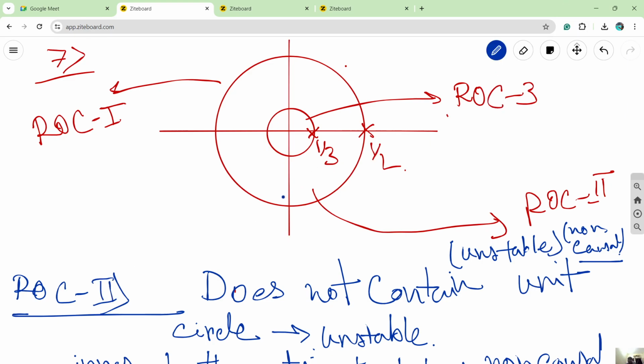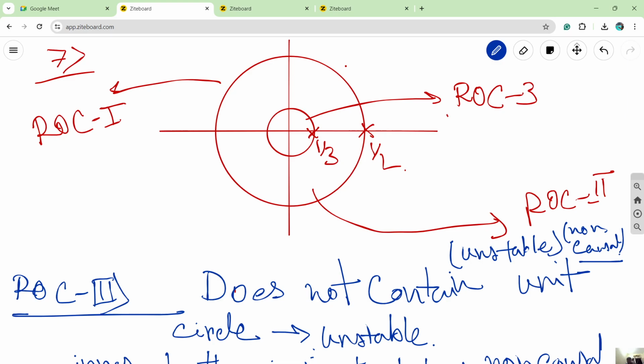Now just ROC3. So it is inner to the innermost pole.